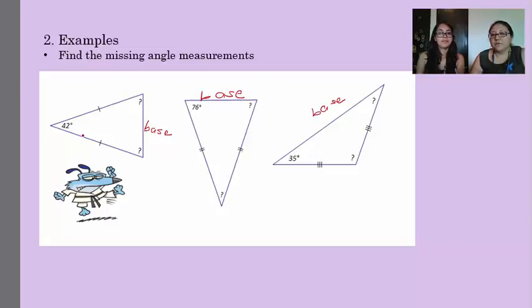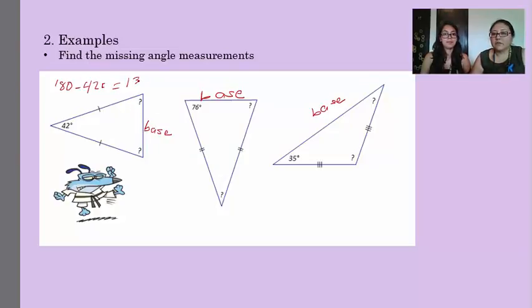All right, so for 42, we know that the angles of a triangle all have to equal 180. If we subtract the 42 from 180, that would be 138.